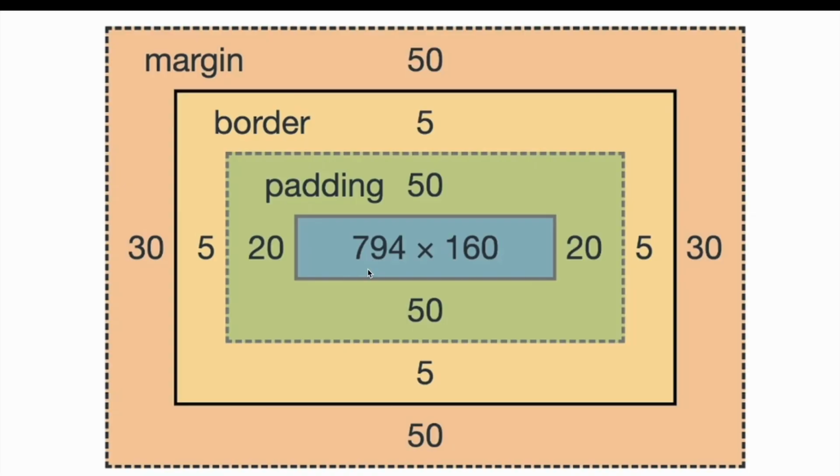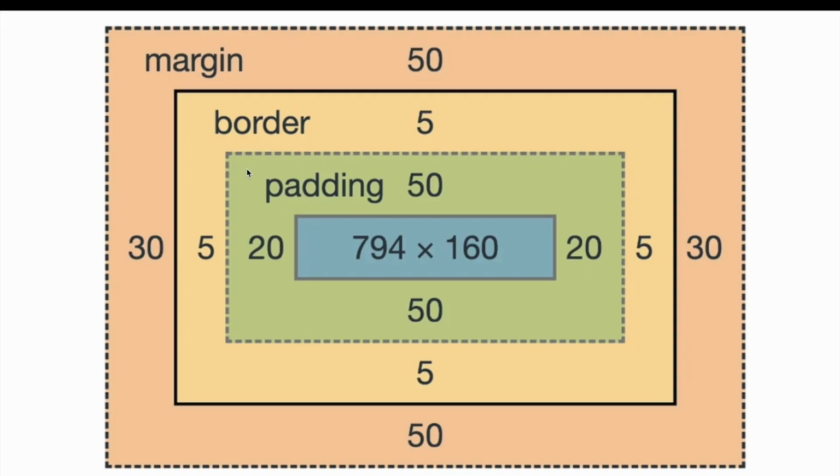Padding is the space between the content and the border. So here in this green section, outside of this blue content section, this is the padding, right outside the text. Then there's the border, the edge that wraps around the padding and the content.